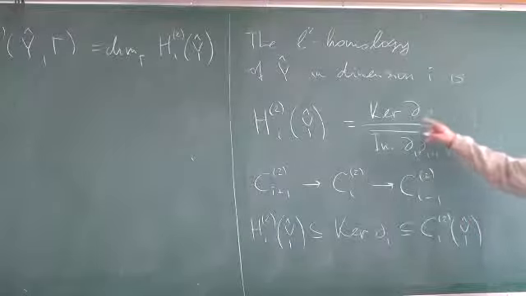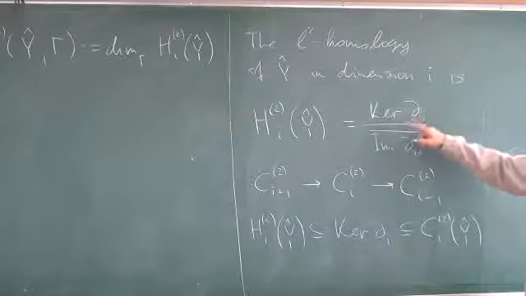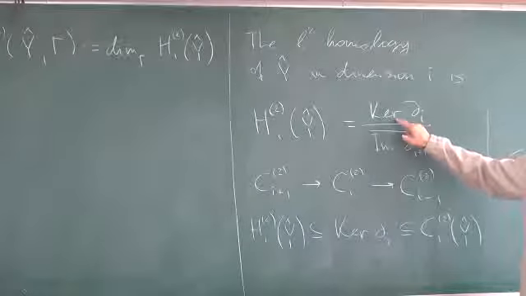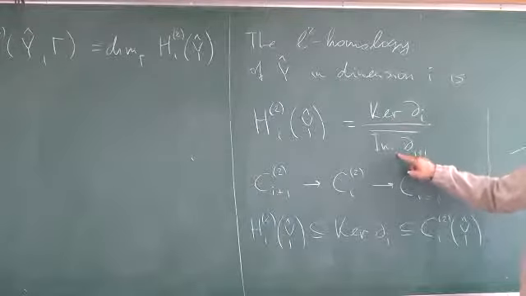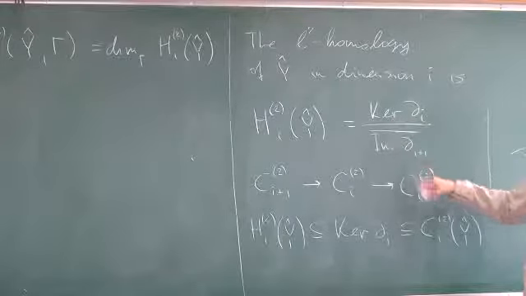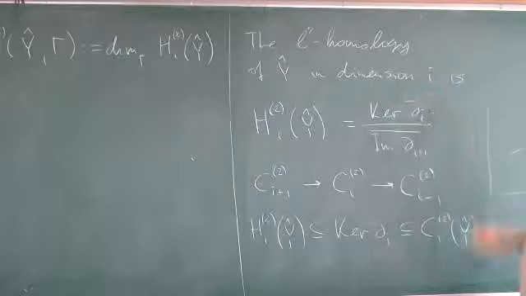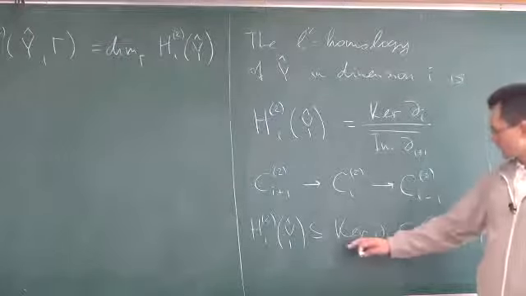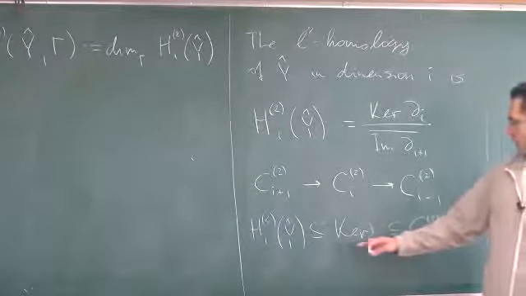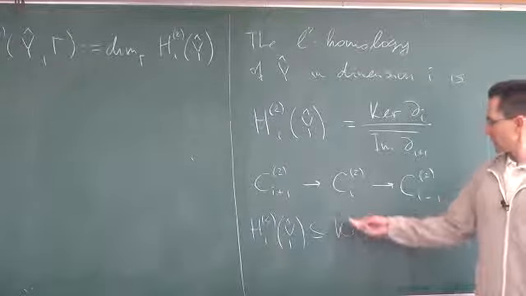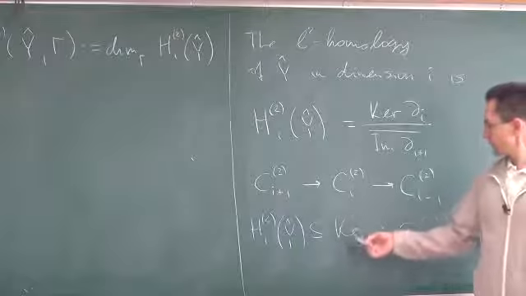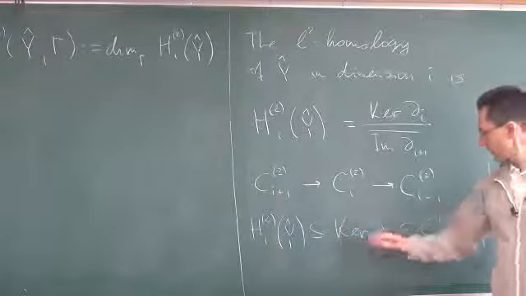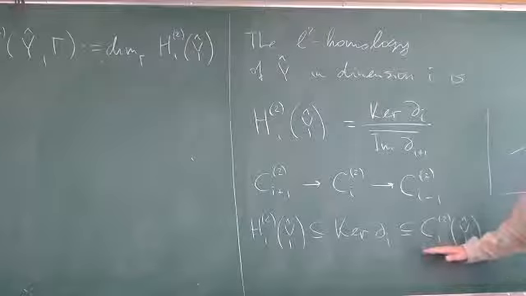Remember again that the i-dimensional homology is a subspace in here. If we have a group action on y hat, it is easy to see that the kernel of the boundary map will be invariant under the group, and the image also is going to be invariant under the group. The kernel is a subspace, and it's also closed; a kernel is always closed. So this kernel is an example of a Hilbert gamma module.